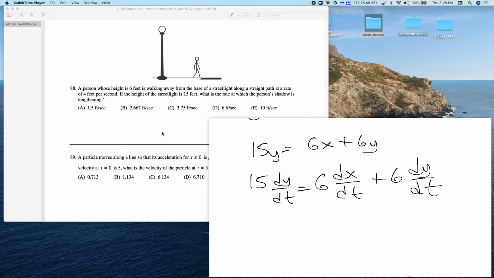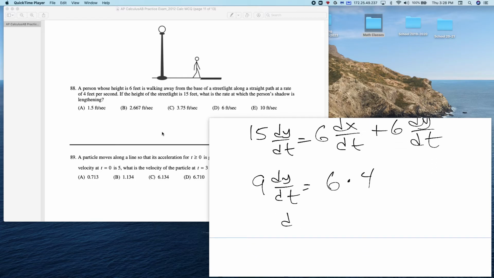Then 9 dy dt is equal to 6 times 4, because dx dt was 4. So dy dt is equal to 24 divided by 9, which is approximately 2.667. So that's the answer for that one.